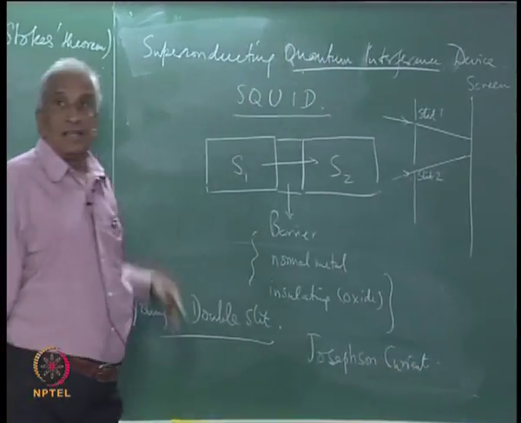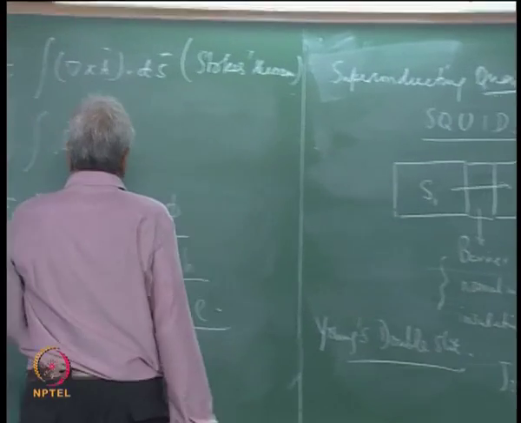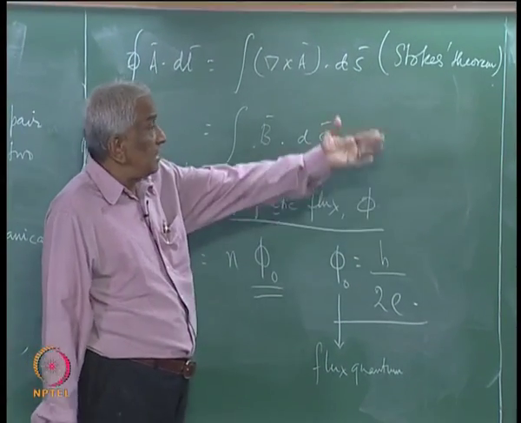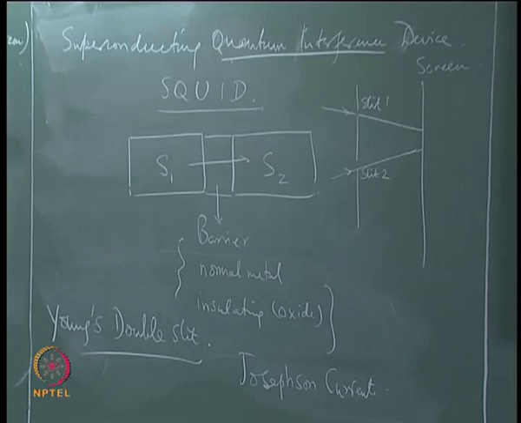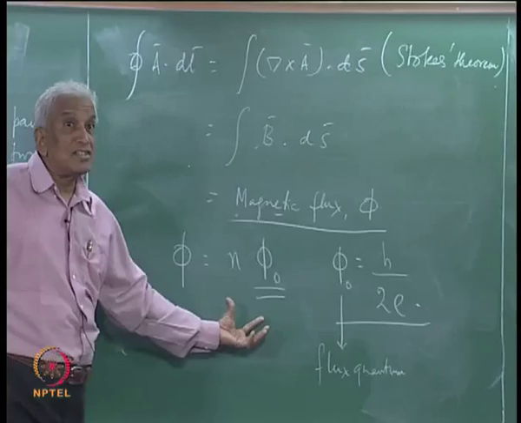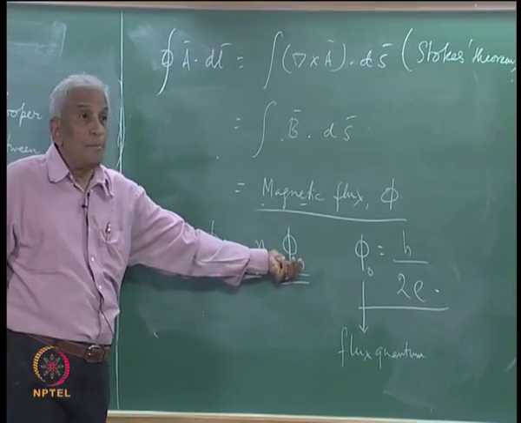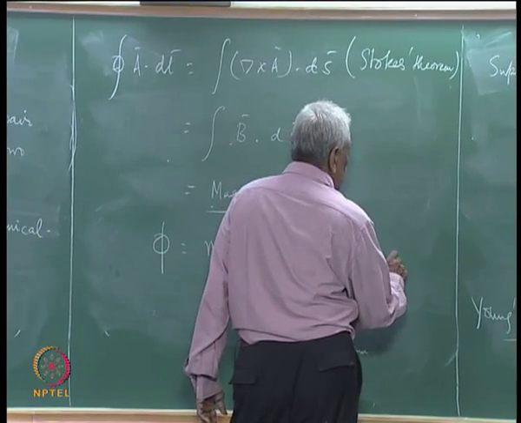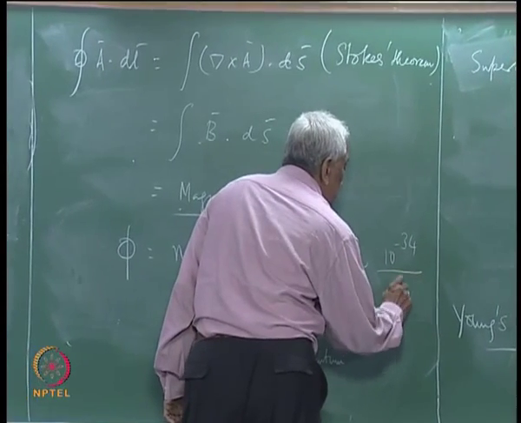Another important reason why the squid is of interest is because the squid enables us, we will write the relevant equations in the next lecture, to measure magnetic flux in units of the flux quantum, which is an extremely small quantity. This is something of the order of 10 to the power minus 34 by 10 to the power minus 19.